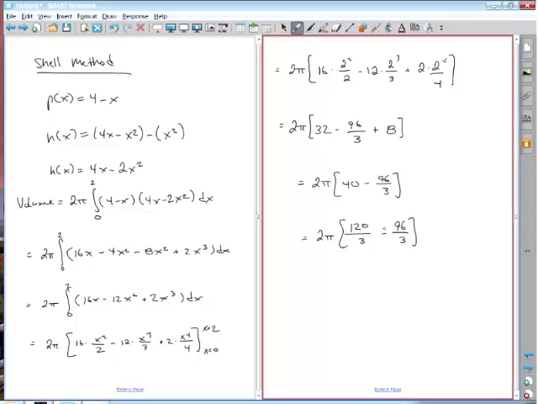And so that's going to be 24. So we'll have 2 pi times 24 over 3. 24 over 3 is 8. So we'll have 8 times 2, which is 16, and we get 16 pi. So that's the volume that we get. And that is the correct answer.